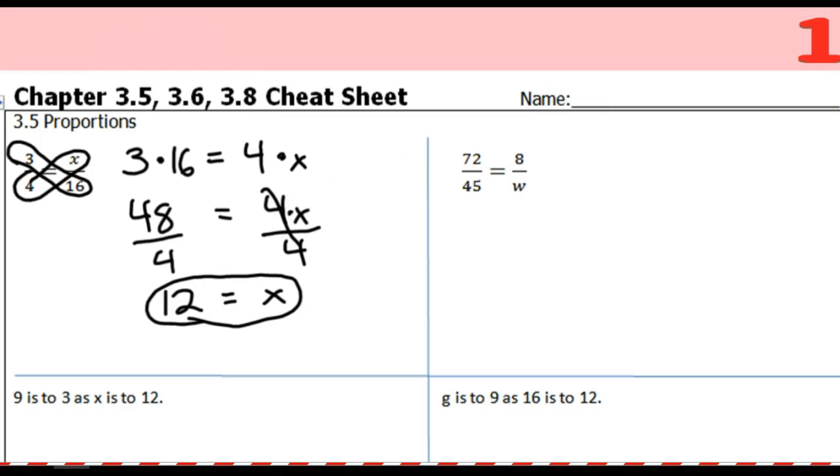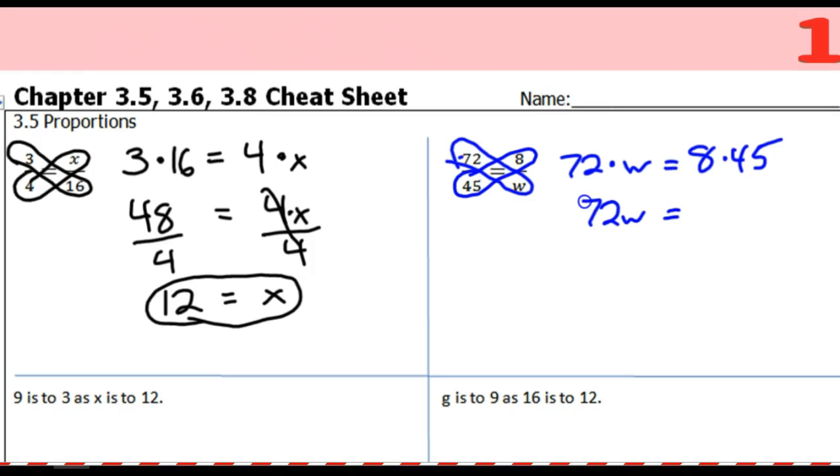Here we have 72 times w equals 8 times 45. 72 times w equals 72w. 8 times 45.